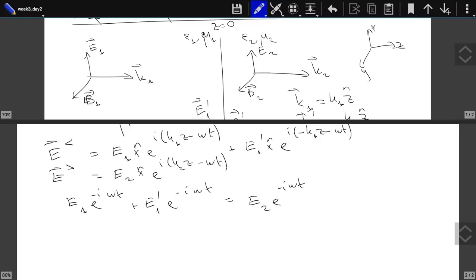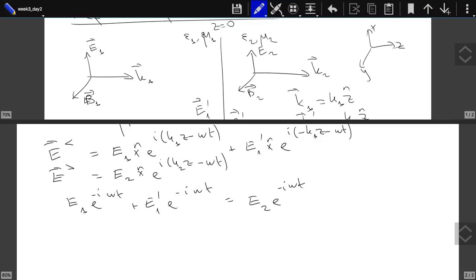To start with, I had already assumed that omega was the same on the left-hand side and the right-hand side. That was basically an assumption. But you can also show that they have to be the same. They have to have the same angular frequency, because if the frequencies are different on the left and right, or if they are different for the incident and the reflected wave, you can satisfy this relation at a particular time, maybe, but you cannot satisfy it at all times.